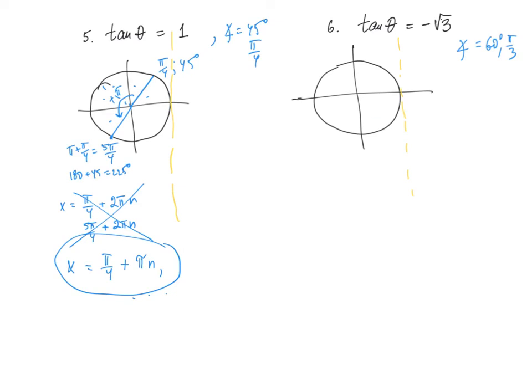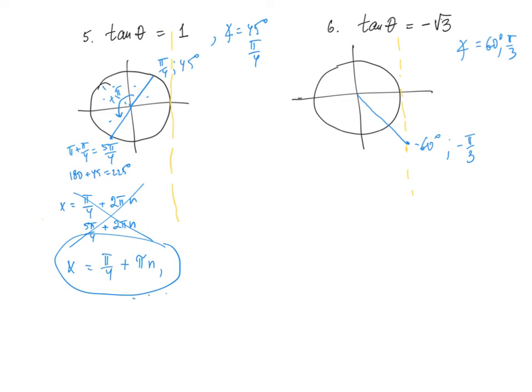Radical 3 is approximately 1.7, and we know it's negative 60 degrees, something like this. Sometimes negative 60 degrees is okay, but usually we want answers positive, starting from 0 and up. But let's find the other solution first.